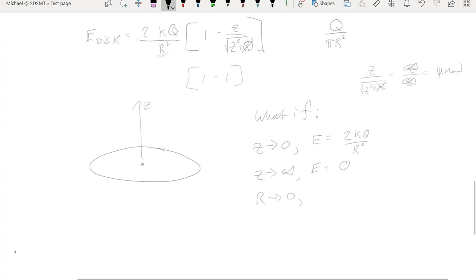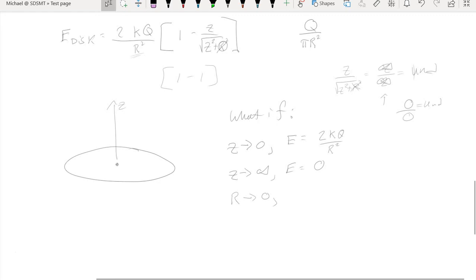And so we kind of run into a similar situation as to what we had up here, where instead of infinity over infinity, now we have 0 over 0, which is also undefined. It is worth mentioning, even though you have an undefined value, that does not mean that a true physical value doesn't exist. It just means that the math is collapsing before it can give us an answer.